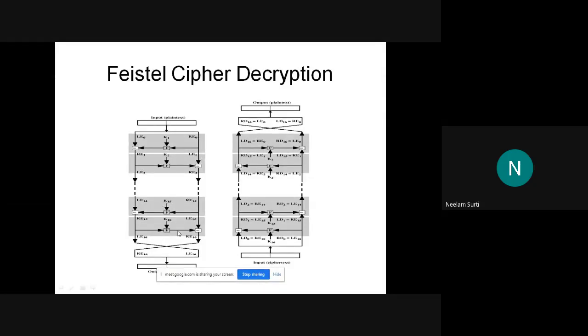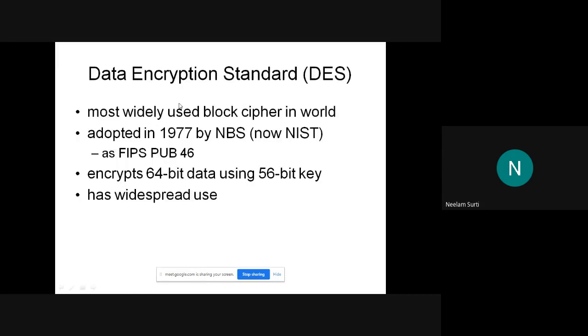The same type of rounds are applicable, but here the first round applied in decryption is round number 16, then round number 15, and so on until round number 1. And from round number 1, what you get is plain text back, using the decryption process of the Feistel cipher.